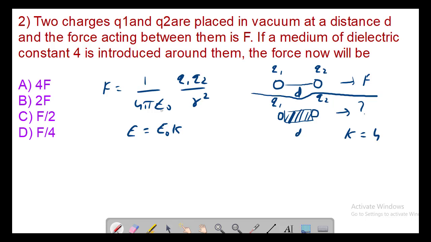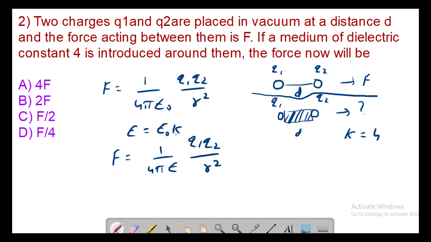Therefore instead of epsilon we write epsilon 0 k, and k for vacuum and air is 1.